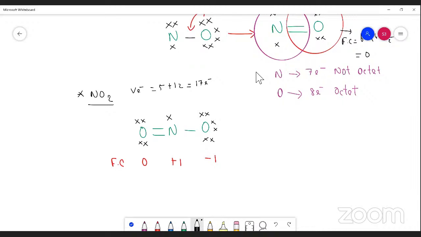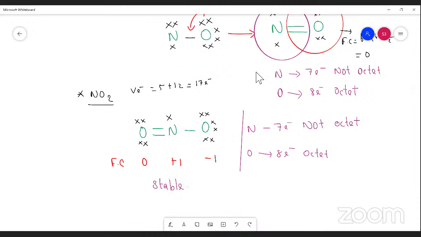Nitrogen has how many electrons here? That is 2, 4, 6, and 7 electrons. Listen, nitrogen has only 7 electrons and oxygen has 8 electrons, so oxygen has an octet and nitrogen does not. Not an octet, but the molecule is stable.